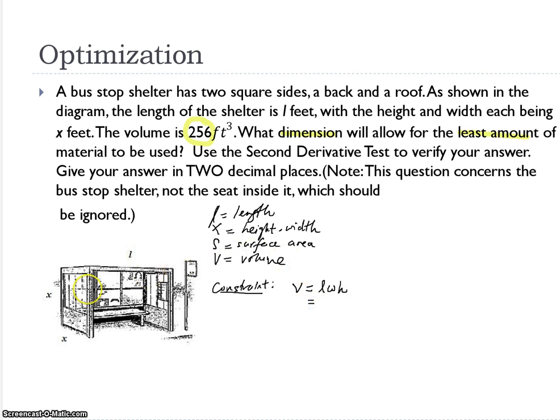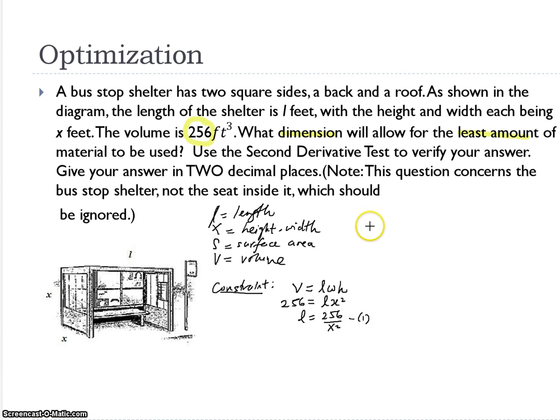But the width and the height are the same, which is x, so we have x squared. We are given volume 256, so 256 equals L x squared. We want to express L in terms of x because it's easier to express L as a single variable than to express x as a single variable. L equals 256 divided by x squared. So this is our constraint.